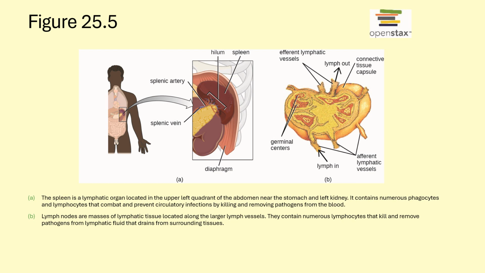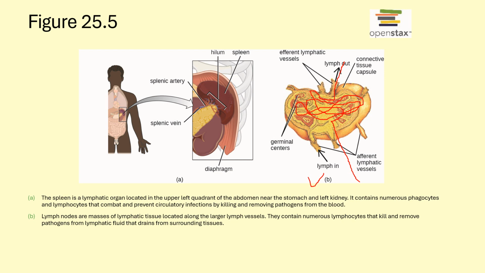Over here on the far right under B, this is a cross section of a lymph node. You have that fluid, that lymph, flowing in. It passes through in here. There's a lot of your T cells in here, a lot like cytotoxic T cells. Your macrophages are here, a lot of cells of the lymphatic system. So they're searching for anything that is foreign, and they can help filter it out before the lymph leaves on the opposite side.